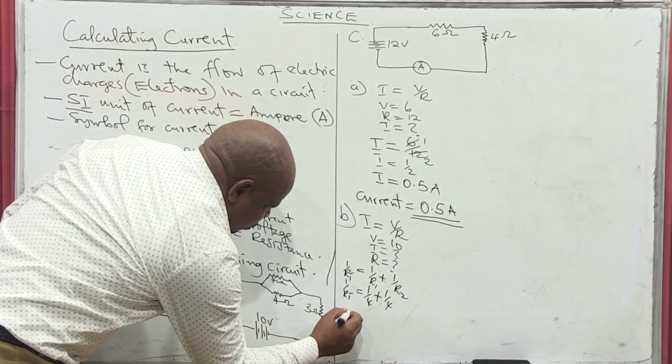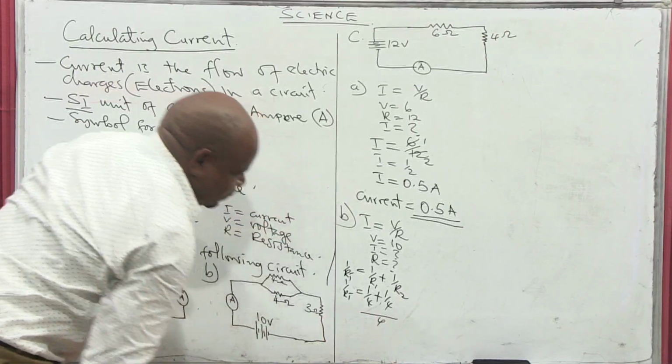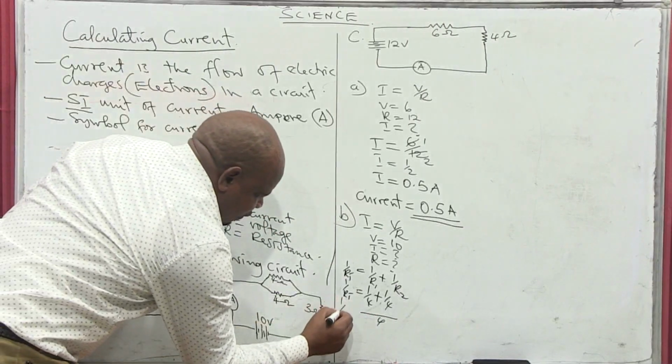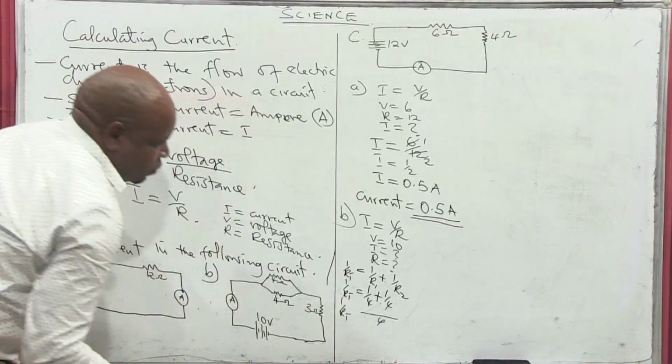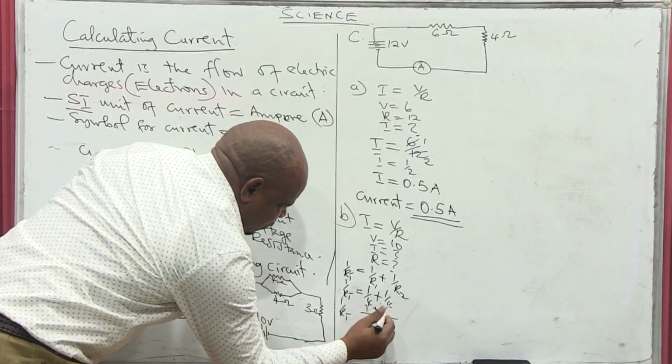Which is equal to, our LCM is 4. 1 over RT is equal to 4 goes to 4, 1, plus 4 to 1.